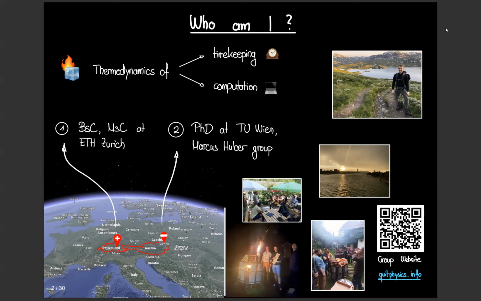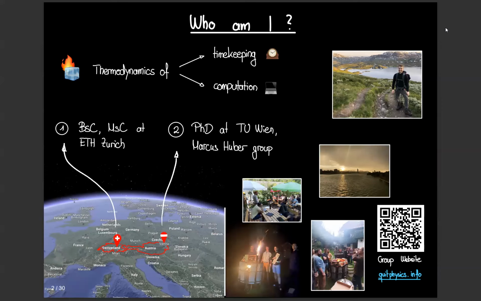I'm working on this in the Markus Huber group at the Technical University of Vienna, and before I studied at ETH Zurich, so two Alpine countries I've been to. So I'm glad to, for once, be in such a nice city. And my thanks also to the organizers for bringing together this great workshop. Yeah, some impressions on the right-hand side.